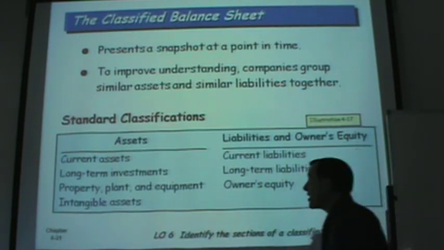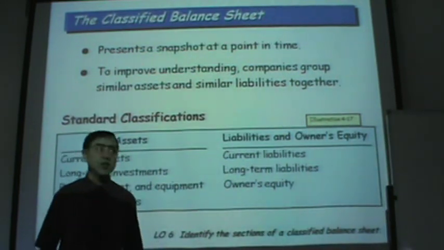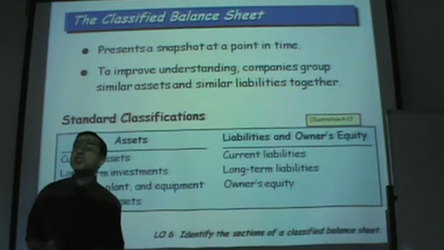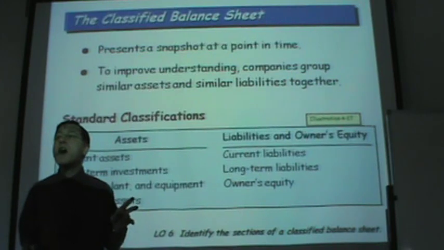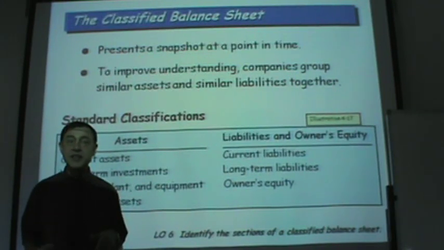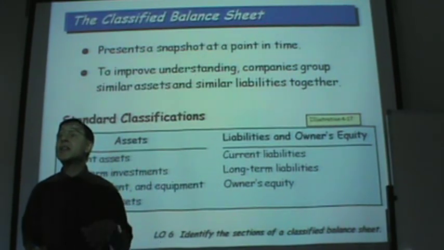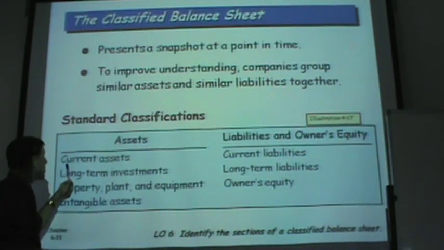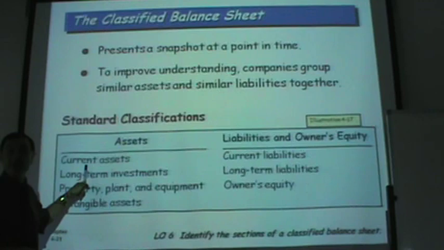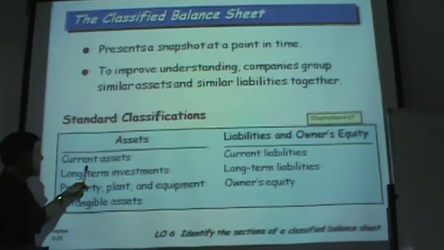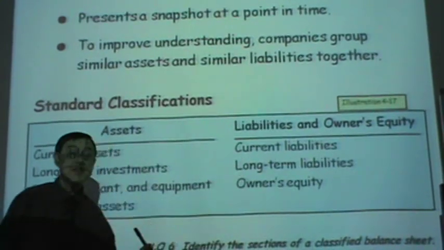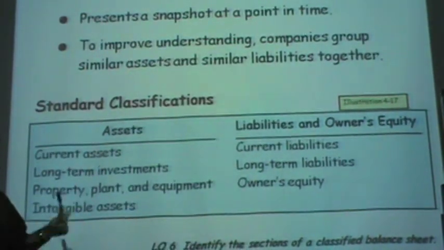So, we organize what's called the standard classification. And the standard classification is to divide assets and liabilities into short-term and long-term. Short-term is usually called current. Sometimes we call them short-term assets and short-term liabilities, sometimes we call them current.